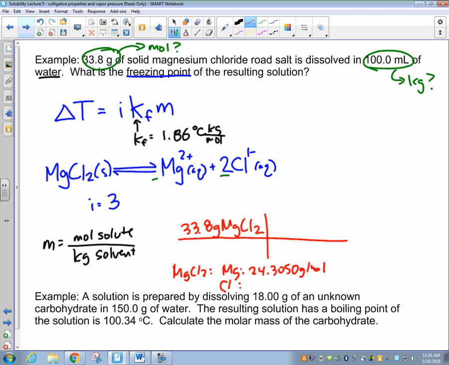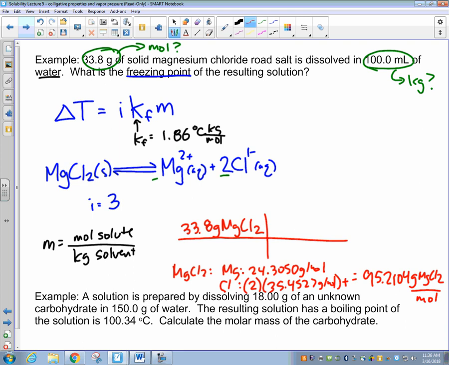I have chlorines, 2 of those, times 35.4527 grams per mole. Add those values up together, this gives me a molar mass of 95.2104 grams of MgCl2 per mole.